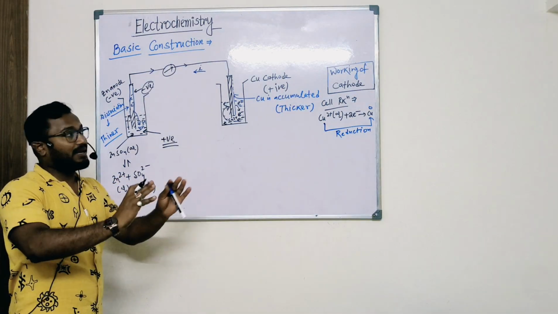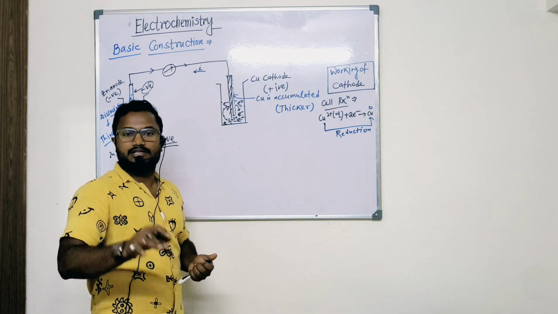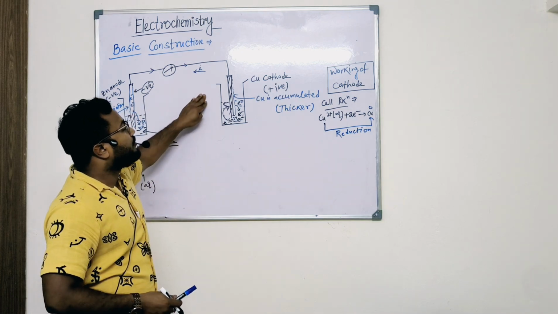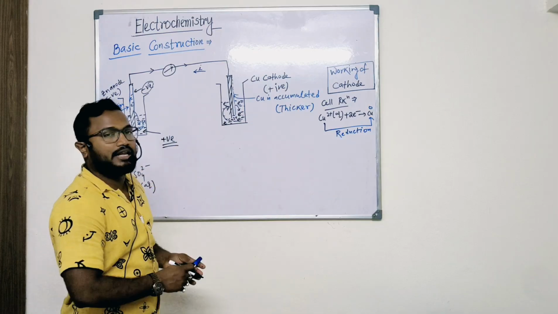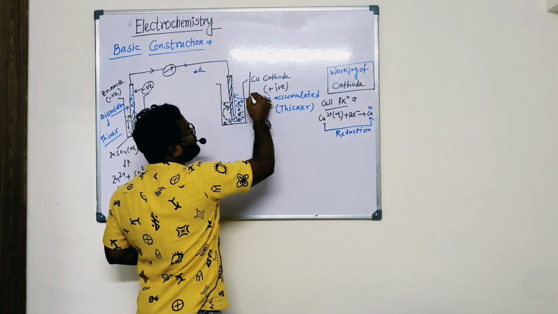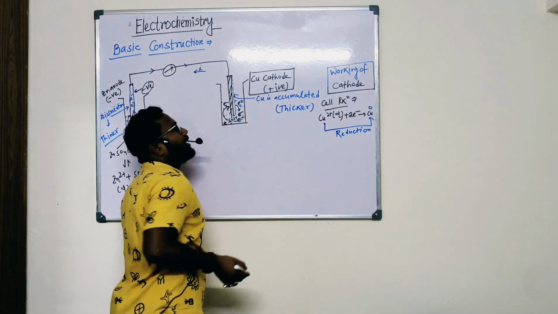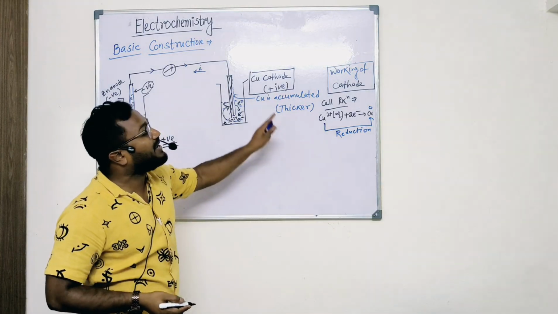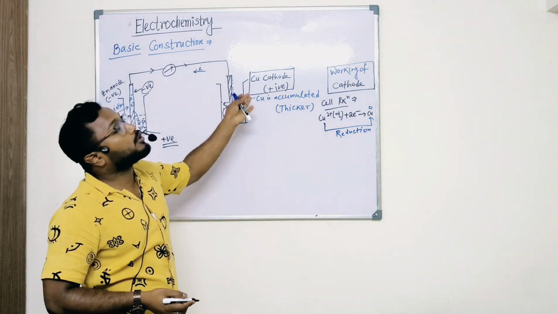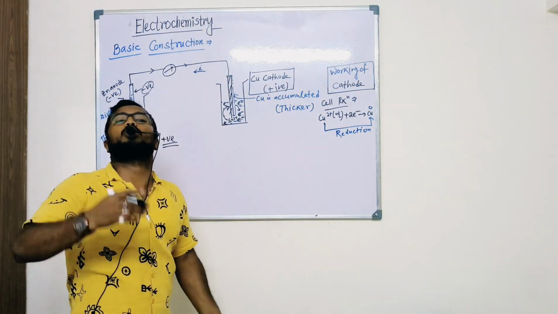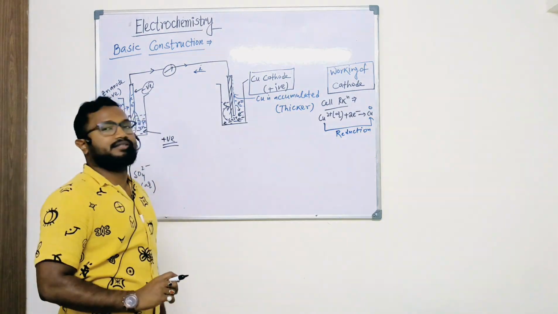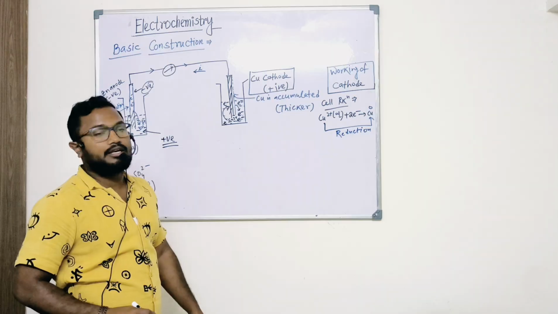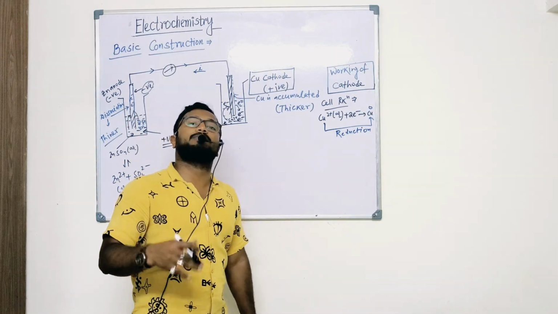So what is the basic working? Let's discuss in detail. In case of the cathode terminal, we consider it as electropositive. We consider the cathode as electropositive, but copper is respectively electronegative with respect to zinc, or you can say it is less electropositive in nature. As a result, it has a tendency to accept electrons and becomes positive.